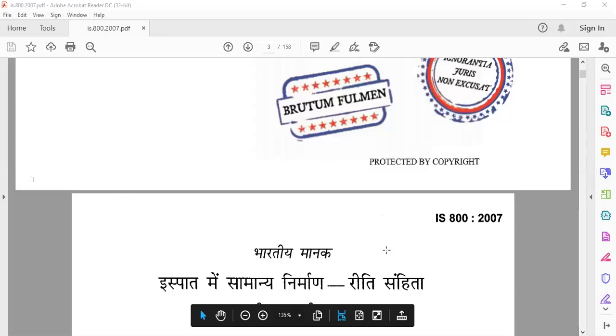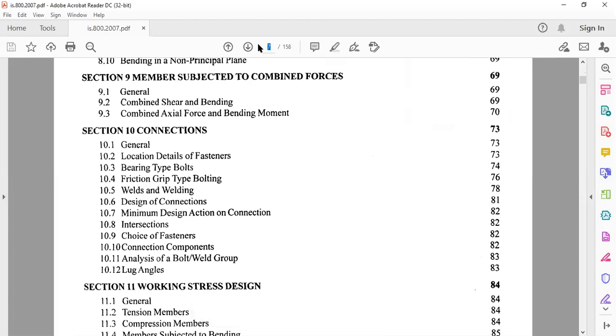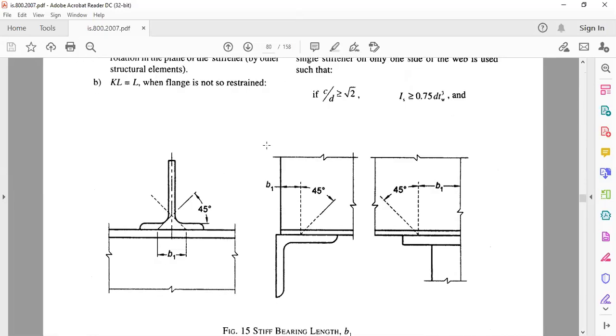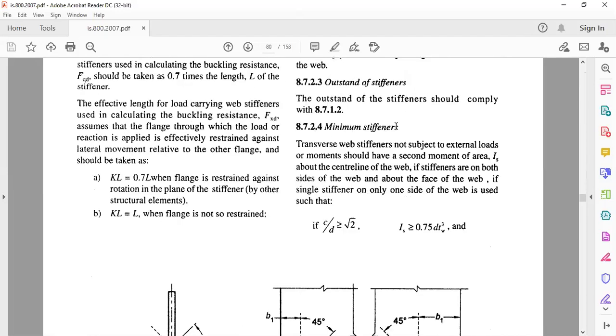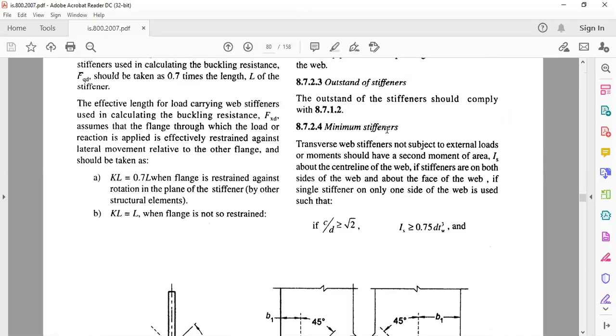In the code book, page number 66, we have some requirements for minimum stiffness with respect to our intermediate stiffener, whether it is satisfying the minimum requirement or not.